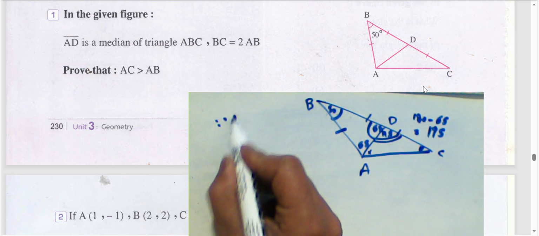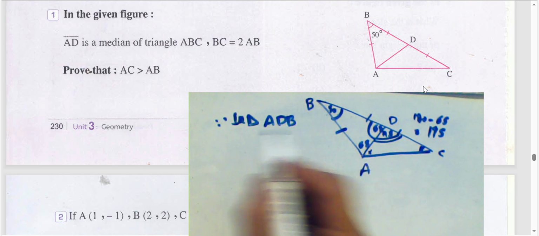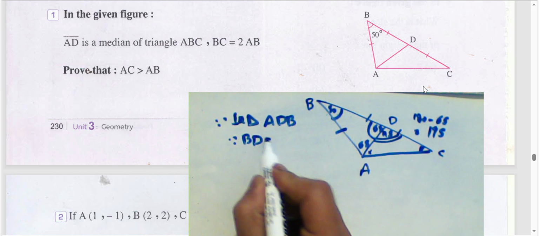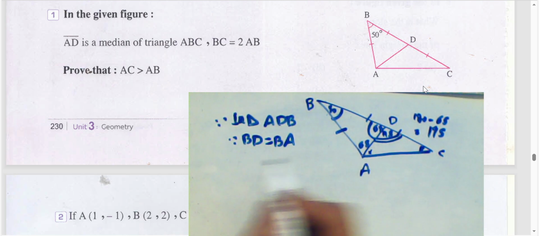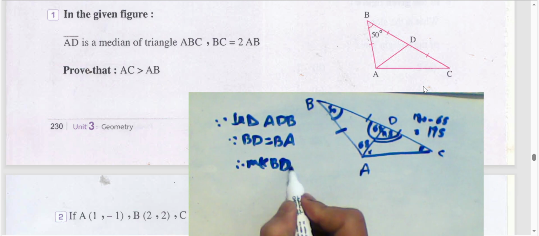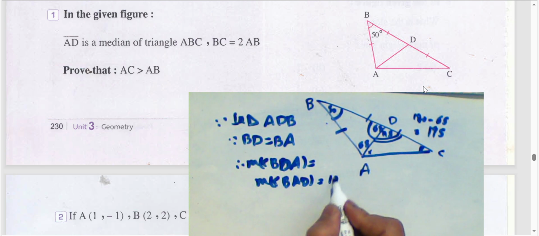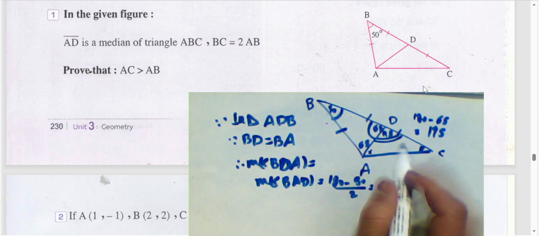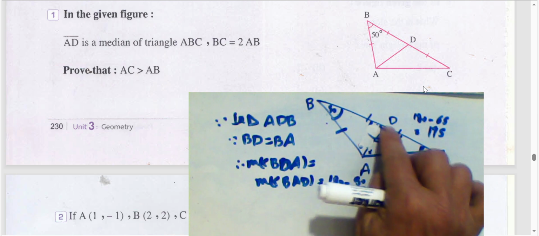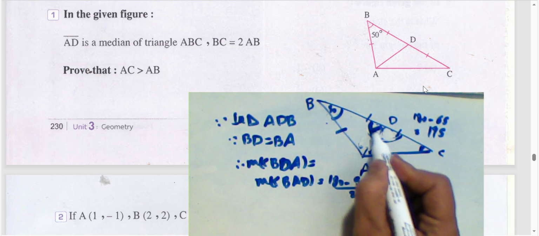Such that in triangle ADB, we have BD equal BA, then the measure of angle BDA equals the measure of angle BAD, equal to 180 subtract 50 divided by 2, which is 65 degrees. Now I found this angle 65 and this 65. Understood? Understood, my students? 65 here.